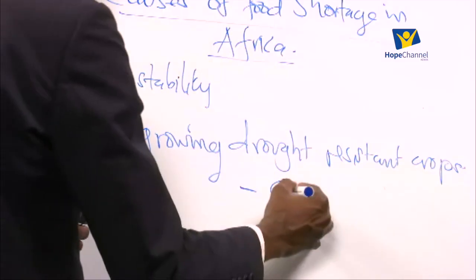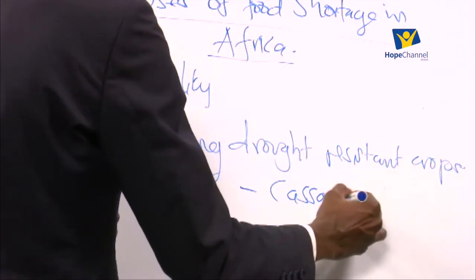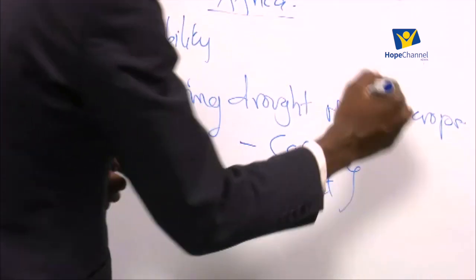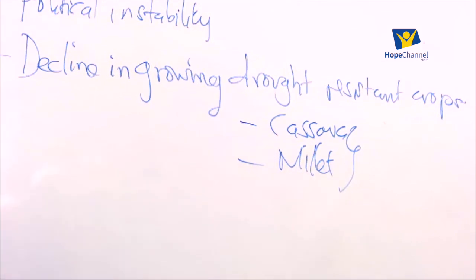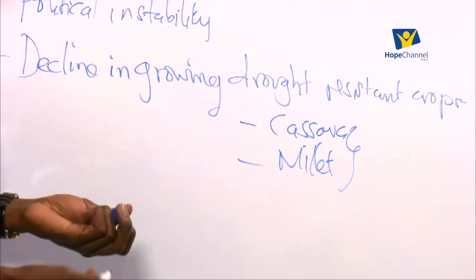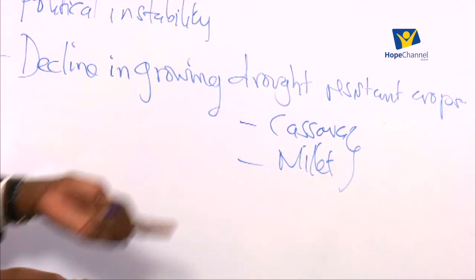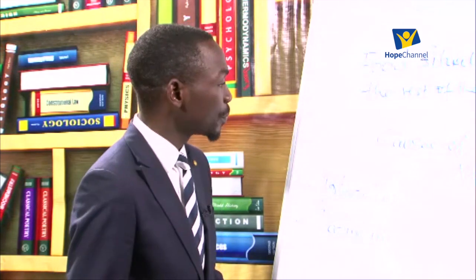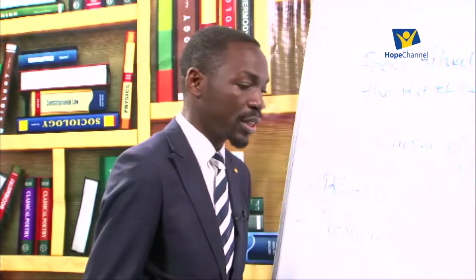So examples of drought-resistant crops we have are cassava and millet. But you realize most Africans will not prefer flour from cassava or millet. They'll prefer corn, that is maize, as opposed to cassava and millet. And in essence, when we plant those crops which are not drought-resistant, when there's drought, they'll be destroyed. And in essence, we'll have food shortage in Africa. So that is another factor which leads to food shortage in Africa.